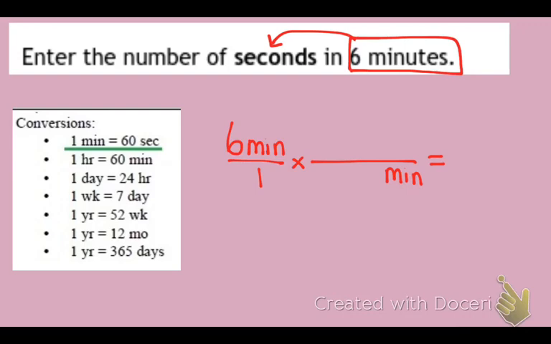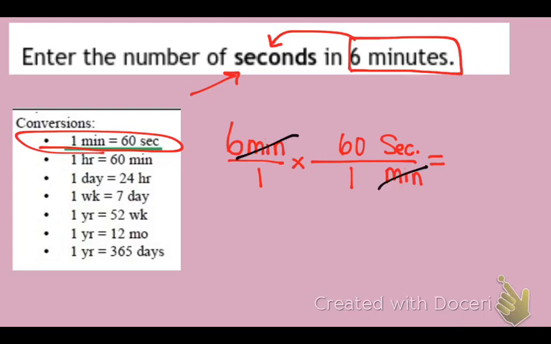And what do we want to find out? We want to find out seconds. So again, we're going to put seconds up on top. Look at our conversion table, minutes and seconds. Right there. 1 minute is equal to 60 seconds. Now we just got to go ahead and do the math. Minutes are going to cancel.